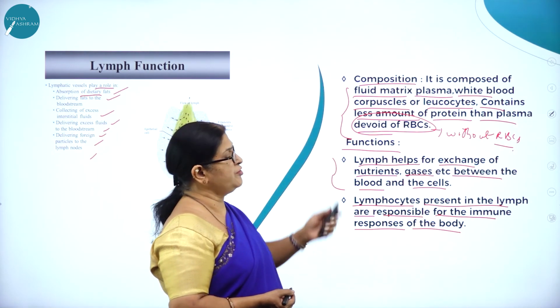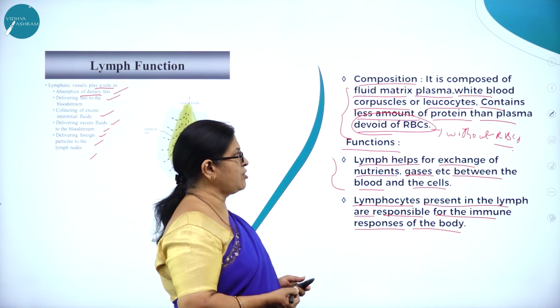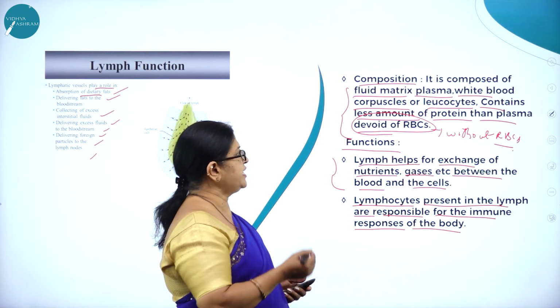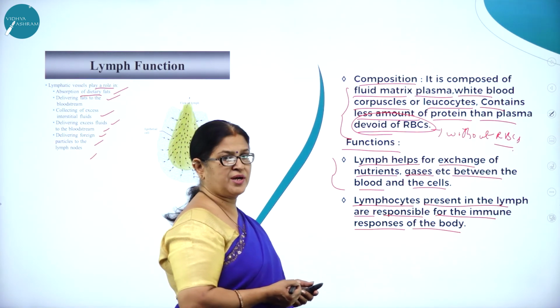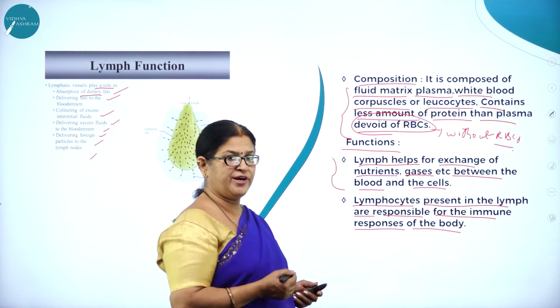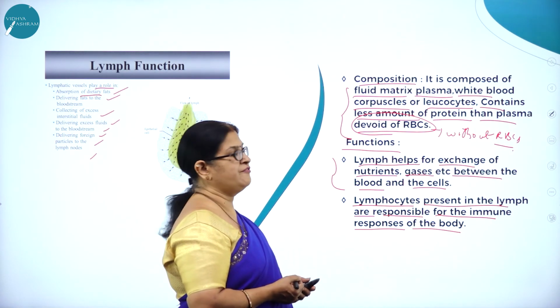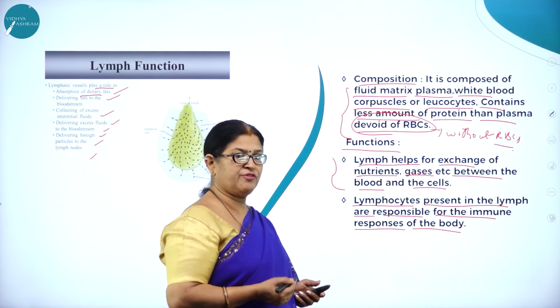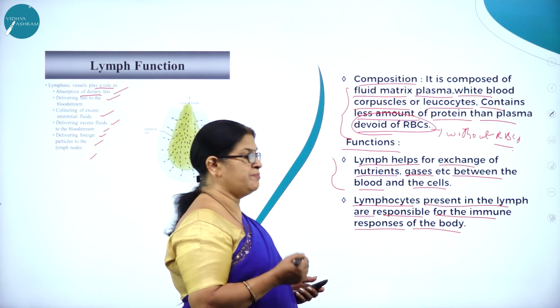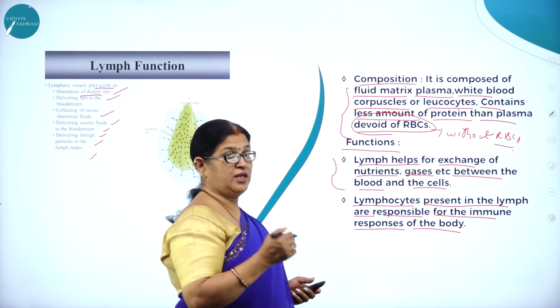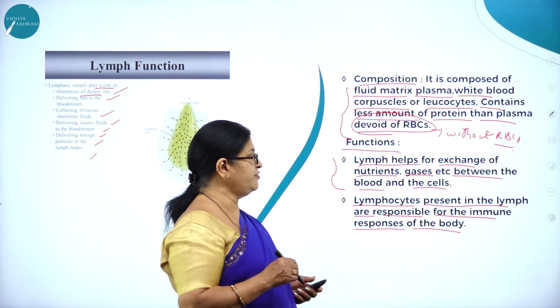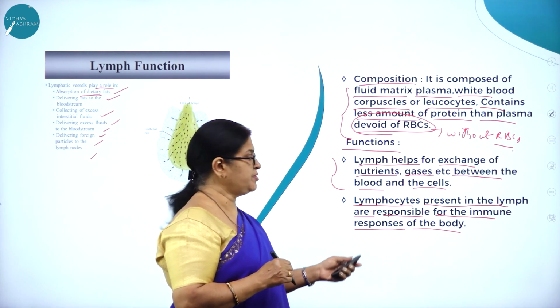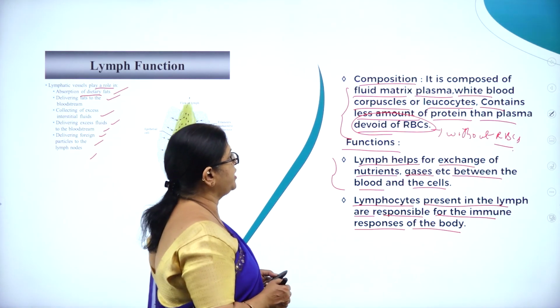It is composed of fluid matrix called plasma, white blood corpuscles or leukocytes, contains less amount of protein than plasma, and it is devoid of RBCs, without RBCs. Function: lymph helps in the exchange of nutrients and gases between the blood and the cells, and the lymphocytes present in the lymph are responsible for the immune responses of the body.